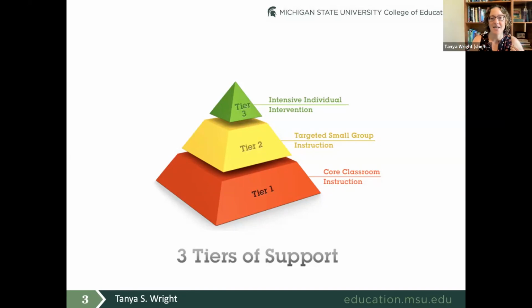It's supposed to supplement. And then tier 3 instruction is individualized intervention that's really targeted to particular needs and is often focused on kids who are eligible for special education services. Okay. So again, tier 1 is what everybody gets, and that's the focus of these 10 instructional practices for K-3.